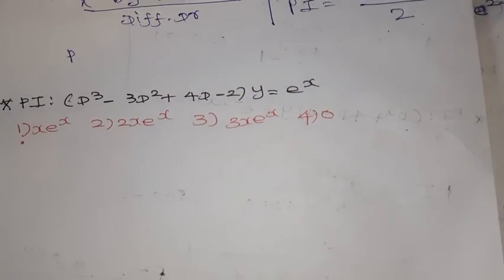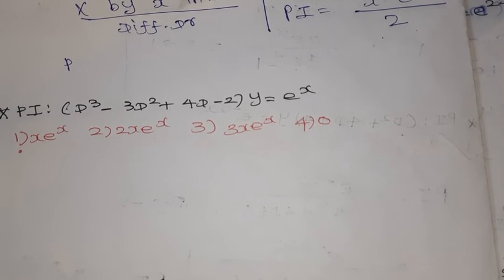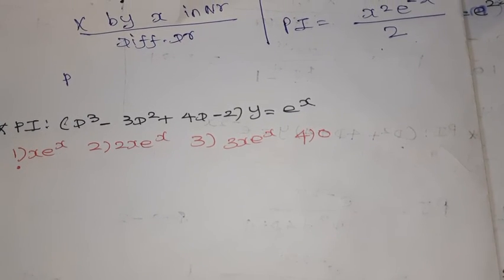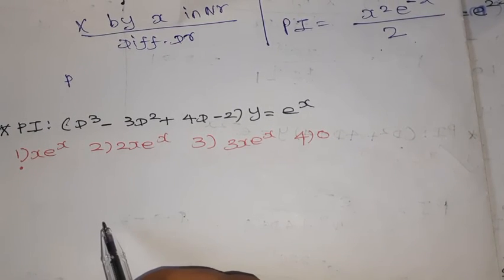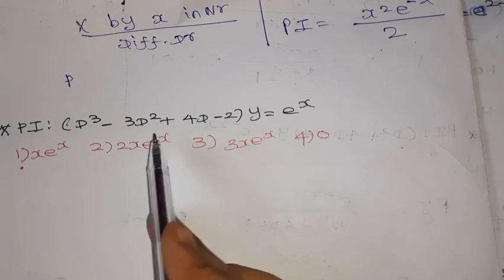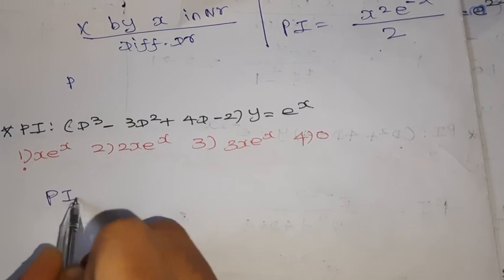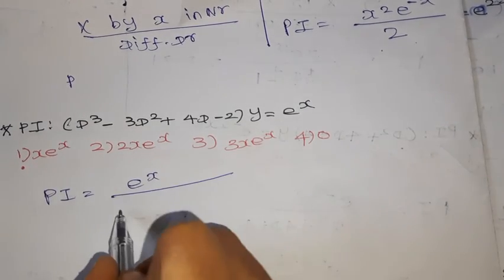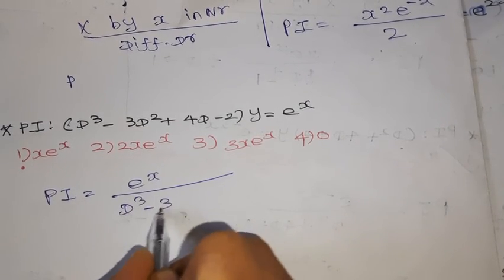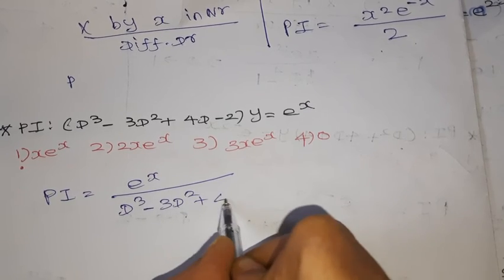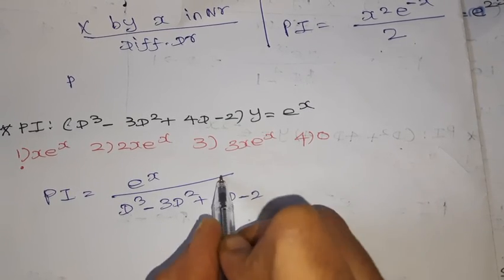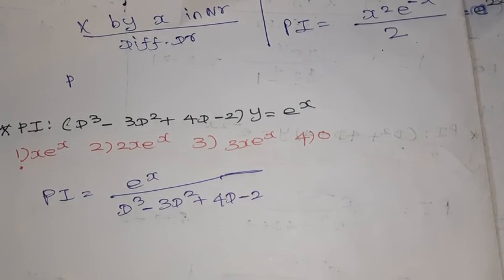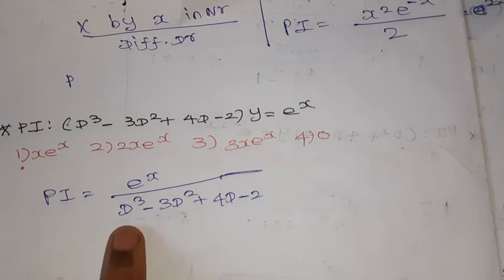This is the last and final problem in this video. Same thing, we need to find the particular integral. So e^x, the RHS, divided by f(D), the given term D cubed minus 3D squared plus 4D minus 2. What is the very first step to find the integral when it is exponential type?